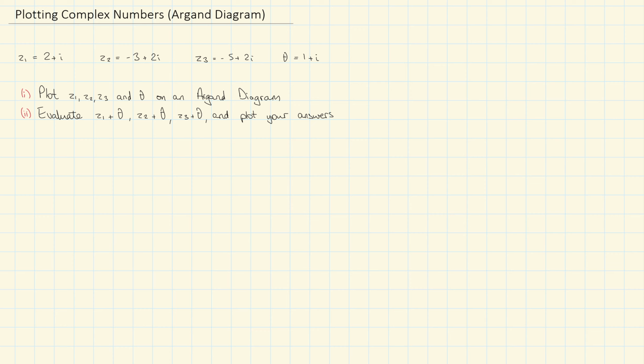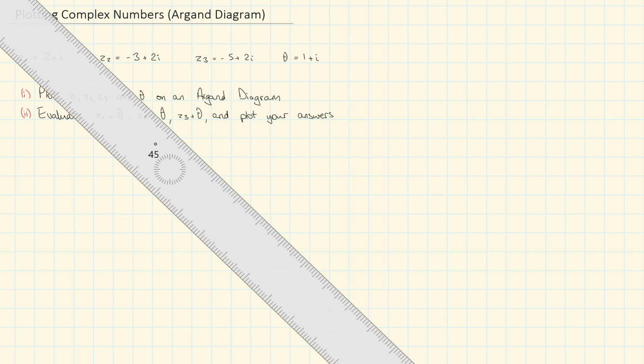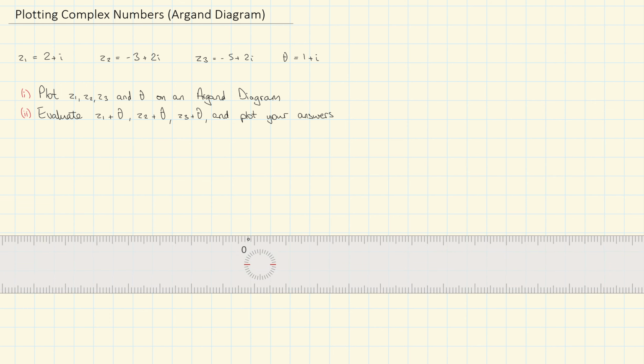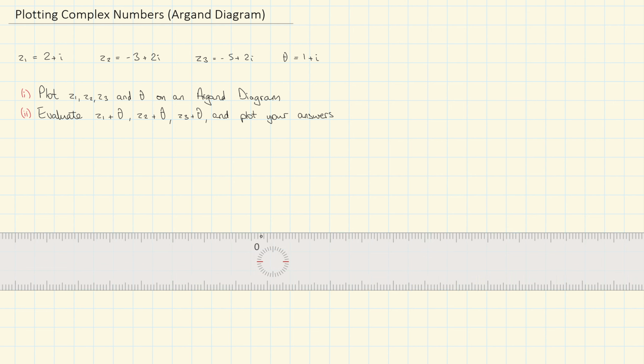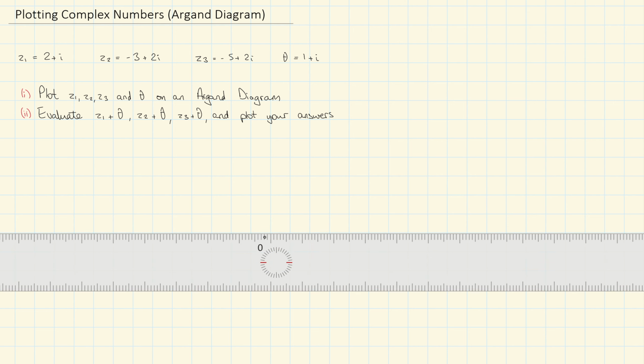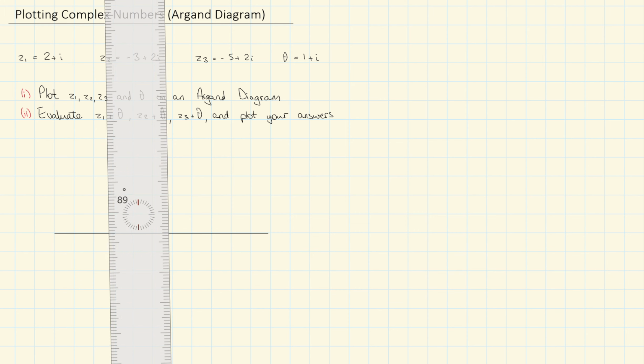So in this video we're going to have a look at plotting complex numbers on an Argand diagram. So when we see a mention of this diagram, we will set up what looks identical to an x and y axis, but will just be labelled a little bit differently.